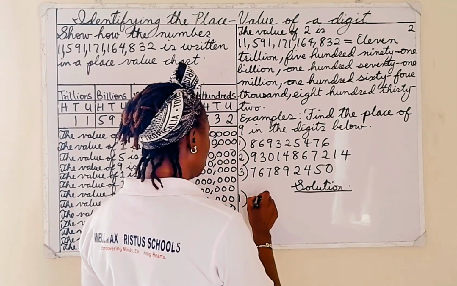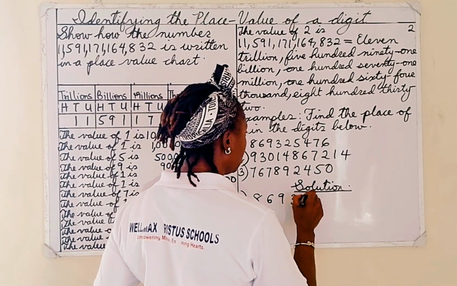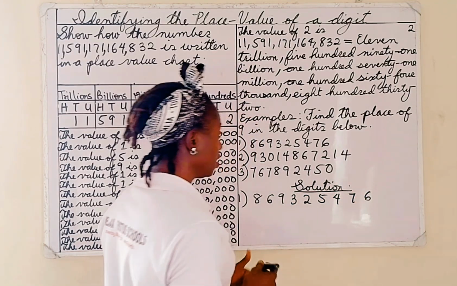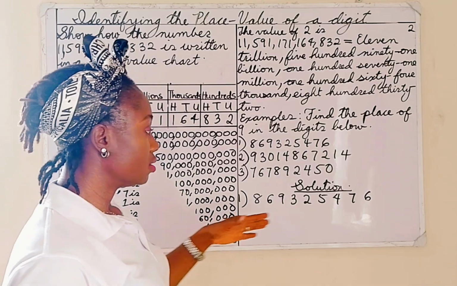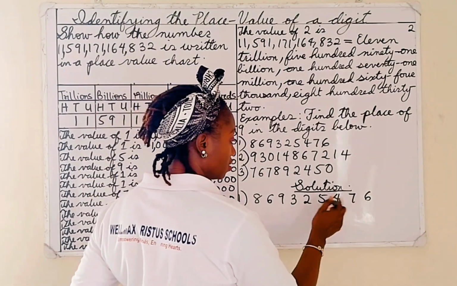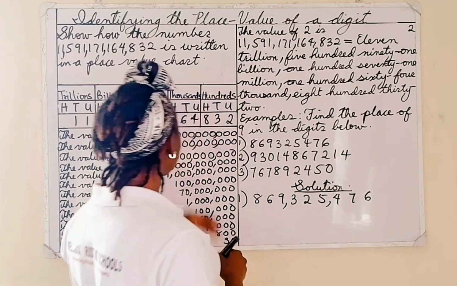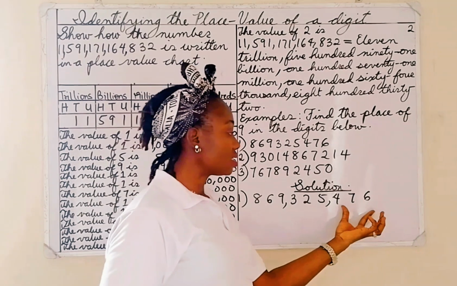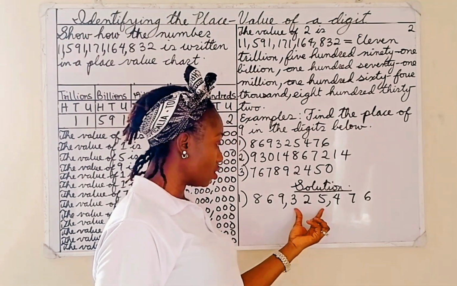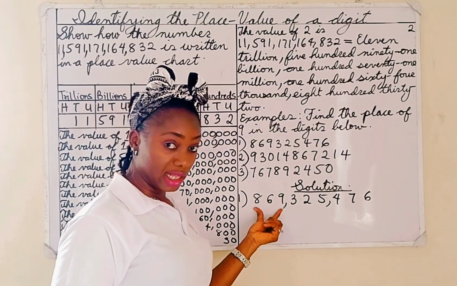Number 1, we have 8, 6, 9, 3, 2, 5, 4, 7, 6. Now we're going to separate these digits with what? A comma. By counting 3 numbers, 1, 2, 3, and we have this. So now, from what we have in the chart, this part is the hundreds, this second part is the thousands, and this last part is the millions.